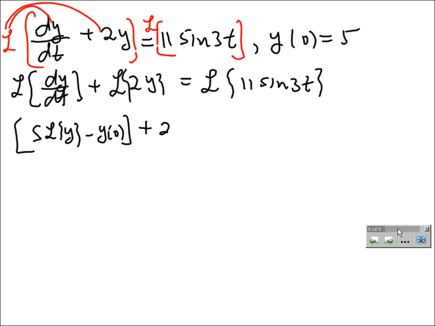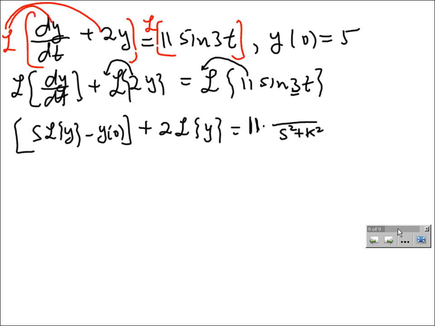Plus 2 times, I can factor out that 2, 2 times the Laplace of y. And this is equal to, on the right side, remember the 11 can come out, and the Laplace of the sine of 3t, well, you're going to have s squared plus k squared.